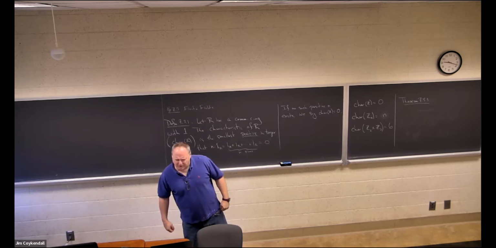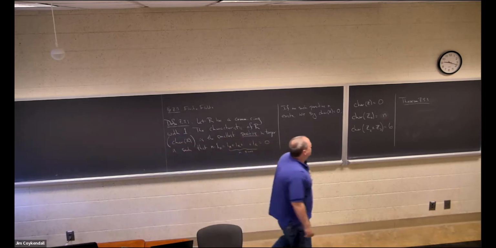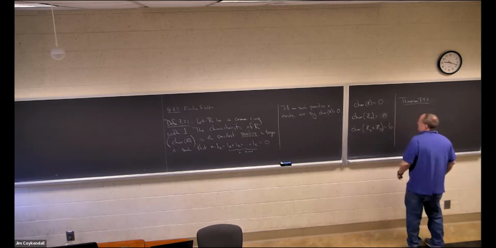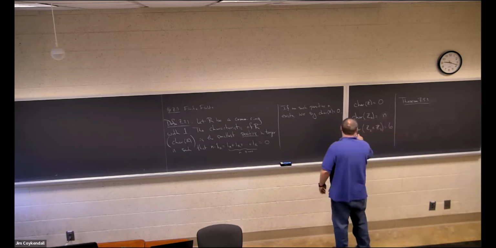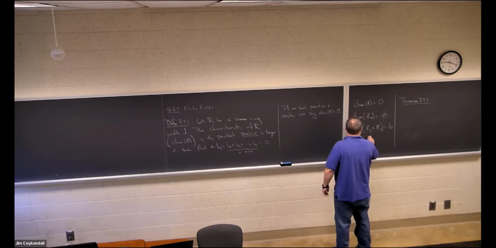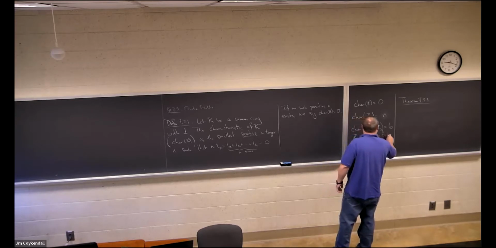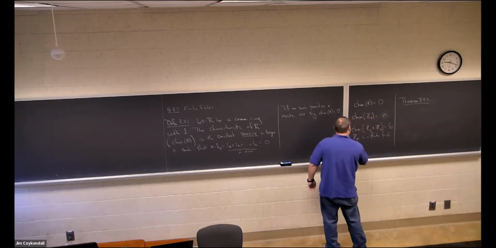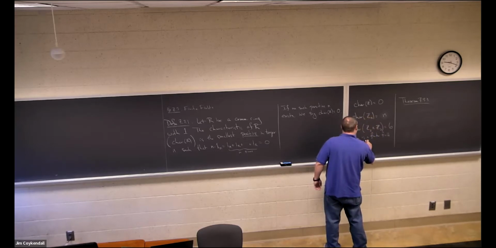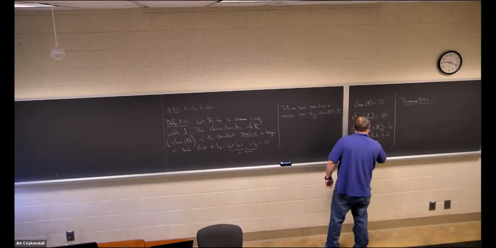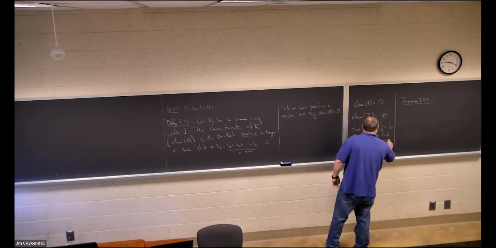And I'll build something for you. Note, Z_p is a finite field of p elements. Characteristic p.